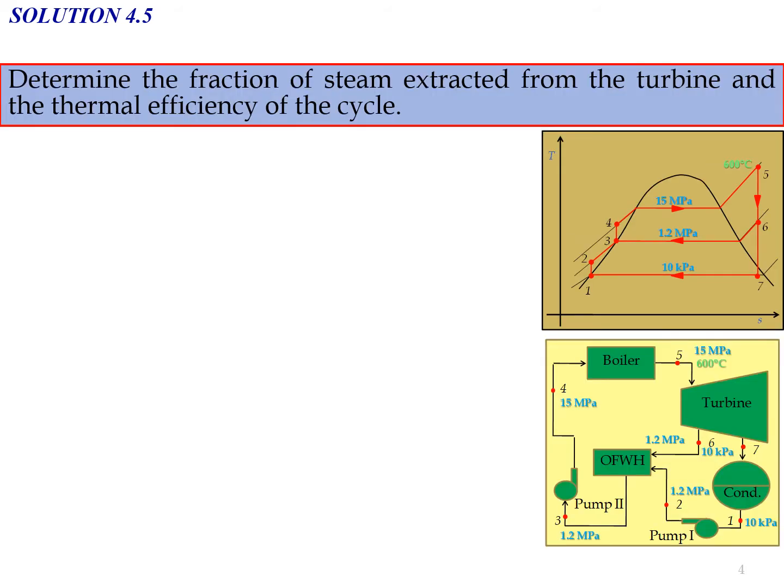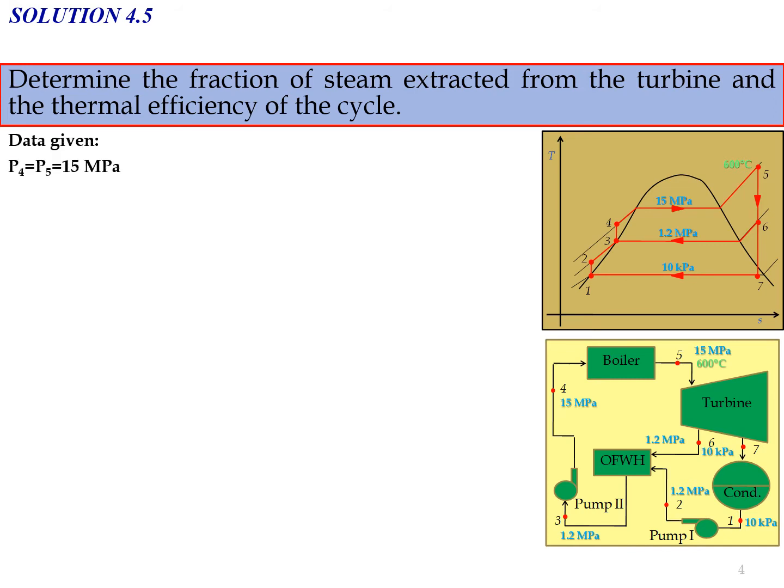So first, we look into determining the fraction of steam extracted from the turbine and the thermal efficiency of the cycle. We already extracted all the information from the question, and we already drew the T-S diagram and the simplified diagram of the ideal regenerative open feed water system.